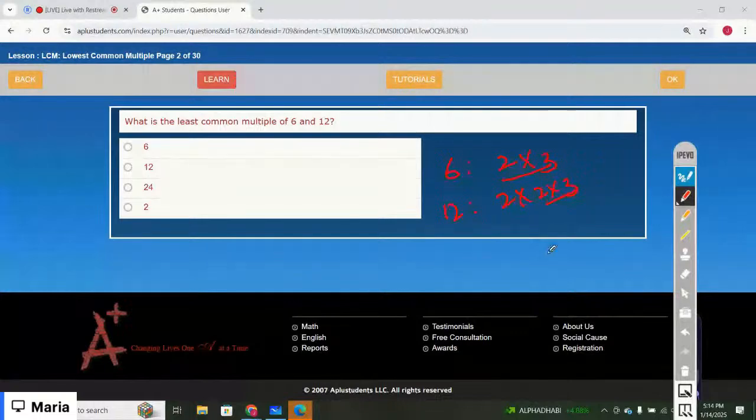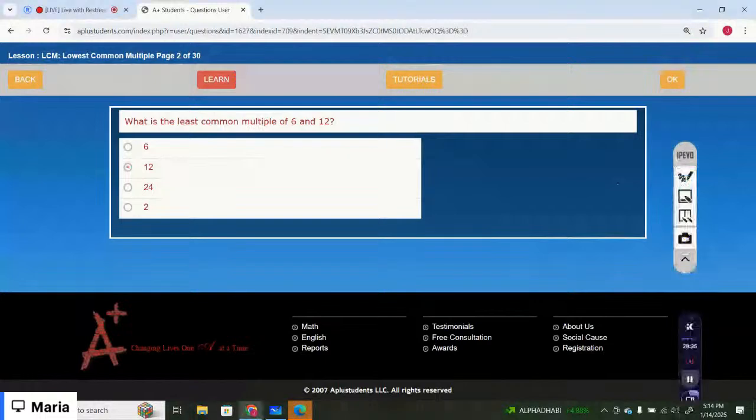So the common multiple is 2 times 3 and the non-common multiple is 2. 2 times 2 is 4 and 4 times 3 is 12. That is 12. Option number 2 is the correct option.